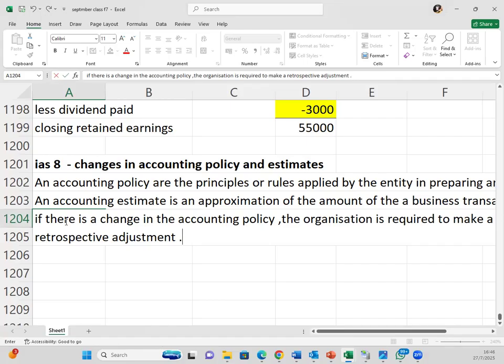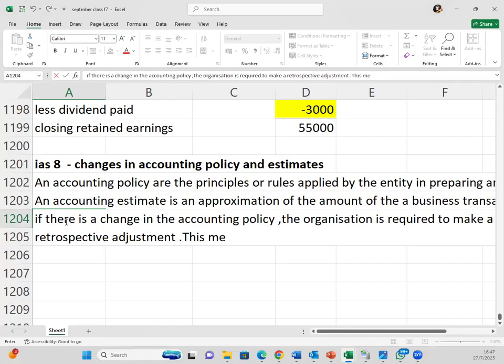We don't just start adjusting from this year, but you go back to the previous year financial statements and you make adjustments. Remember, the financial statements for the other years will be stored. The financial statements are kept for a period of about 6 years. So you go back to the prior financial statements and you make an adjustment to the amount so that the financial statements can be in a comparable format.